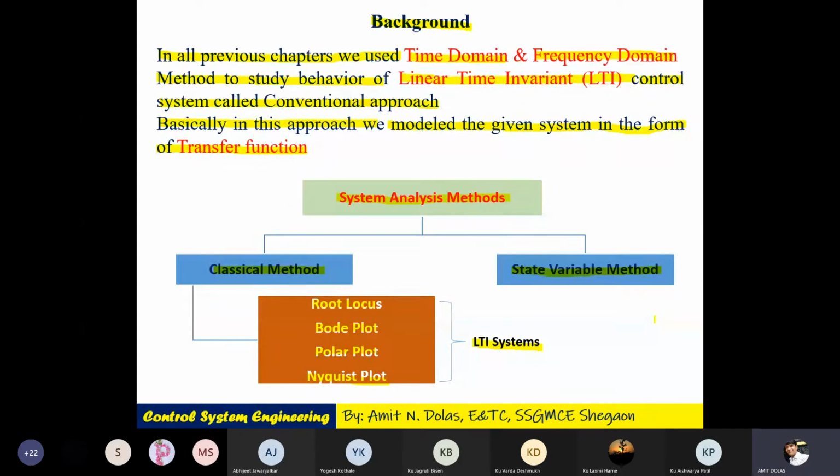That doesn't mean we cannot apply the classical method to MIMO, but it becomes complex and tricky. So classical methods are best for single input, single output. For multiple input, multiple output, the state variable method is best. Again, we generally use linear and time invariant systems to apply the classical method. Whenever it is a non-linear or time variant system, then we move to the state variable method.